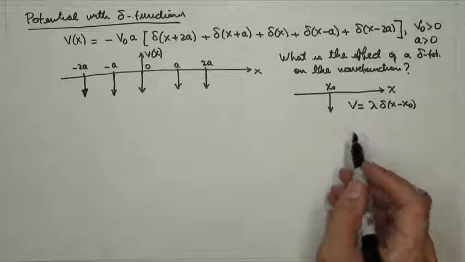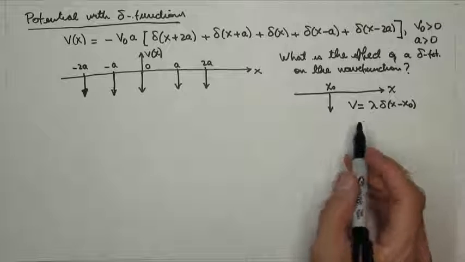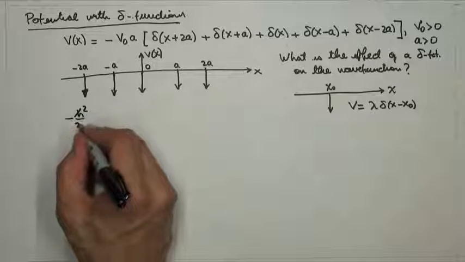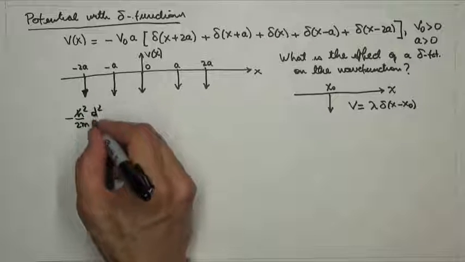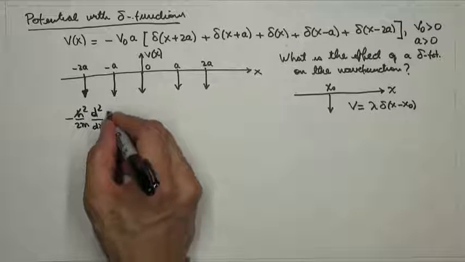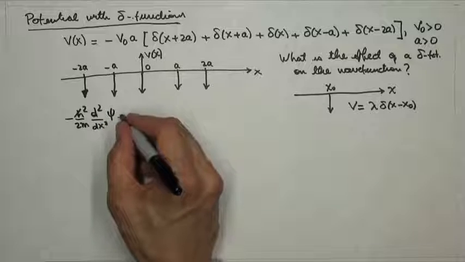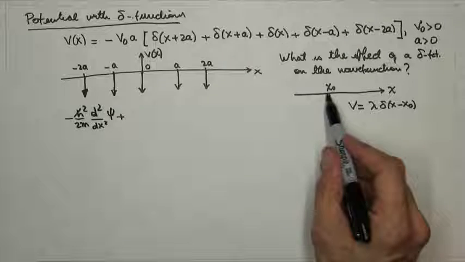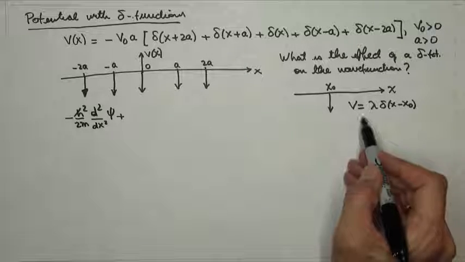So for that, you certainly have to go and look back at the Schrödinger equation. So what is the Schrödinger equation? Minus h bar squared over 2m, second derivative d^2/dx^2 of psi, plus V times psi. We're interested in the region where the potential is 0 except at this point.